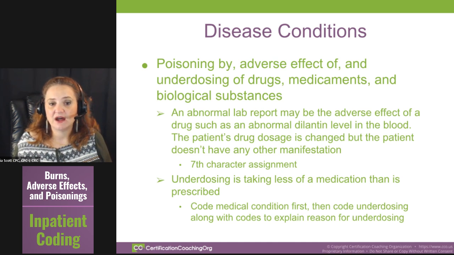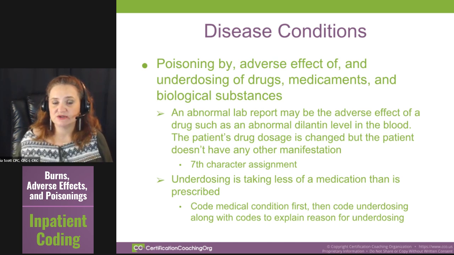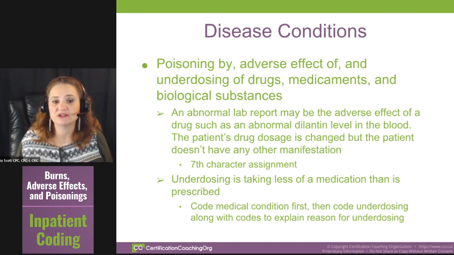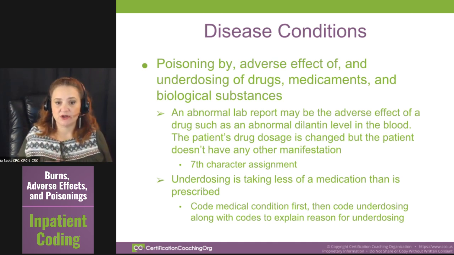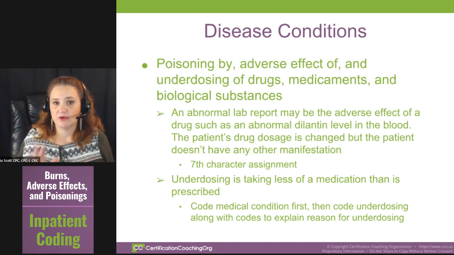And they do this with a lot of different medications. So the patient's taking the medication correctly, it was prescribed correctly, they do some blood tests, and they're like, oh okay, now we have a buildup, or the dilantin level's too high, let's back off the dose, and then the patient isn't having any ill effects.